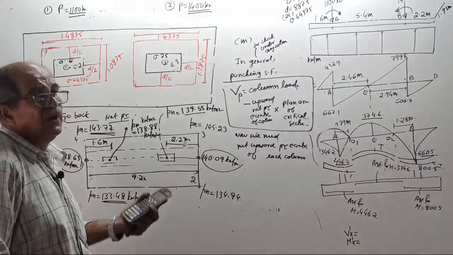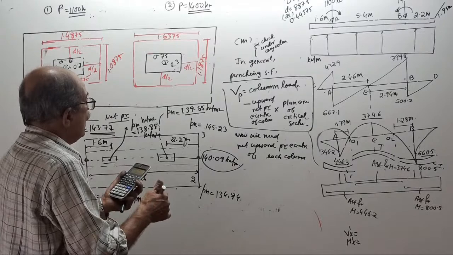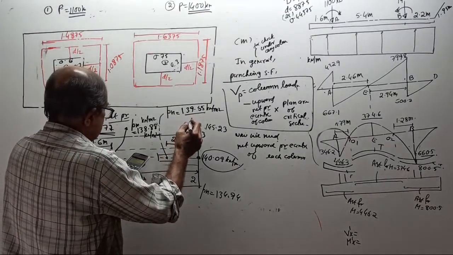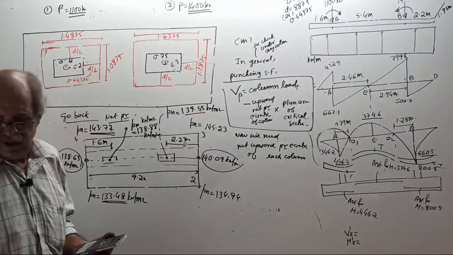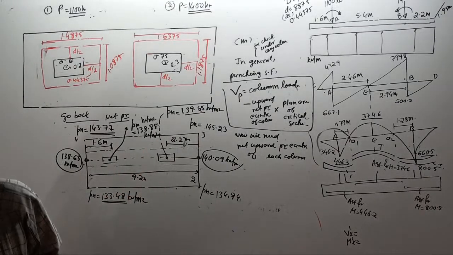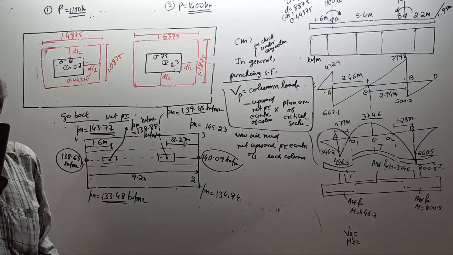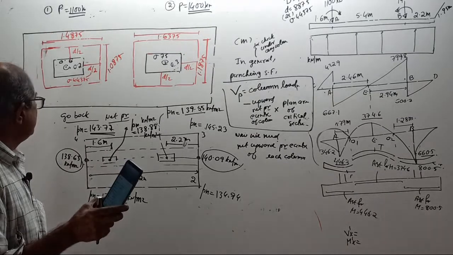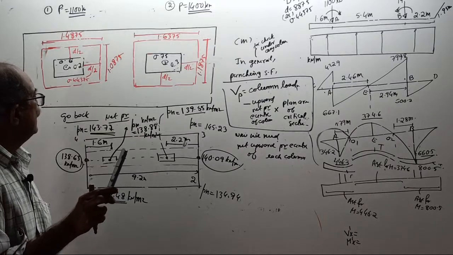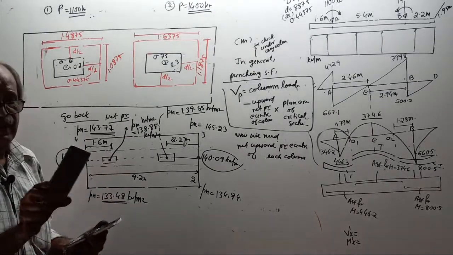I think when I did rate of change, I took a wrong number here. Okay, I am getting 139.74. How did you get 138?